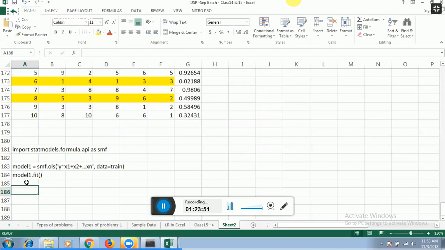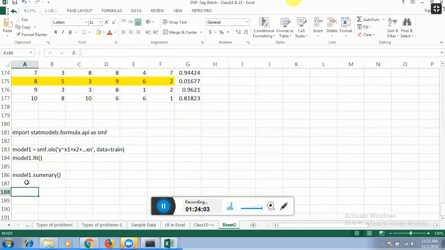Once you build the model, if you want to see the output, model 1 dot summary is the output. You can see that. And once you have this model 1, suppose you want to predict something, say predict on train. That means for the train data you want to calculate the predicted value.